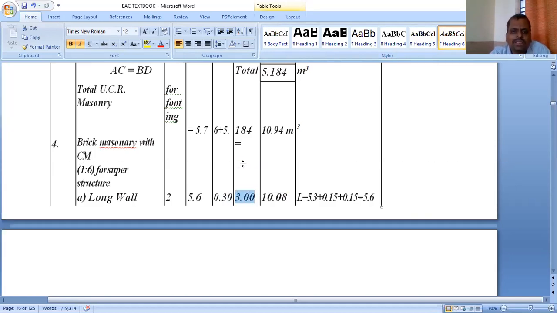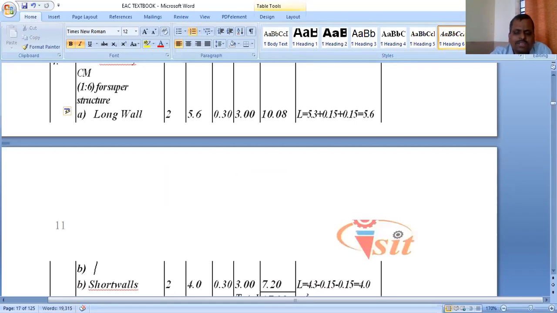Now the same thing we have to follow again. Here we have to take the long wall as well as the short wall. Again, which are those long walls? You have to write AB equals CD. First of all, we have to calculate the length of the long wall.